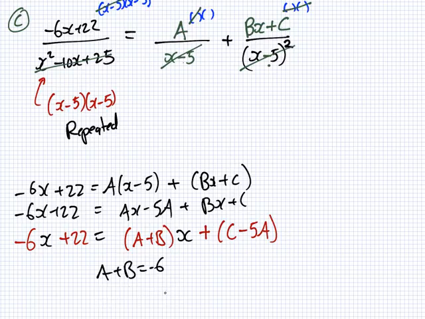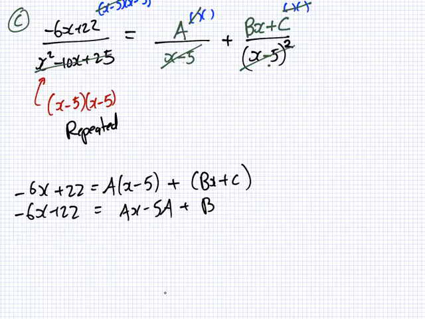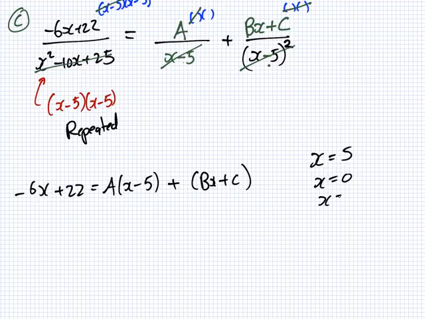So what we could do is use both methods. You could do something sneaky, like you could say, let x equal 5, x equals 0, x equals 1. How many equations could you make here? 3. So you would get minus 8 equals 5b plus c. And then you could say 22 equals minus 5a plus c.